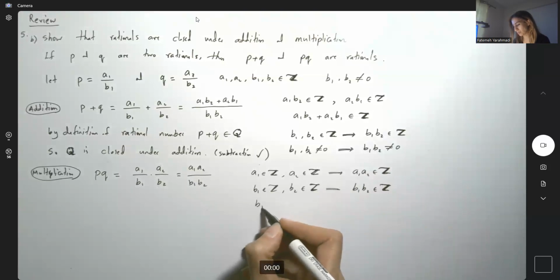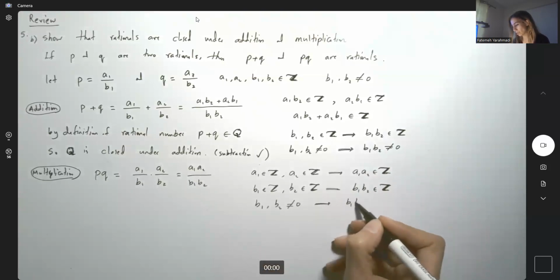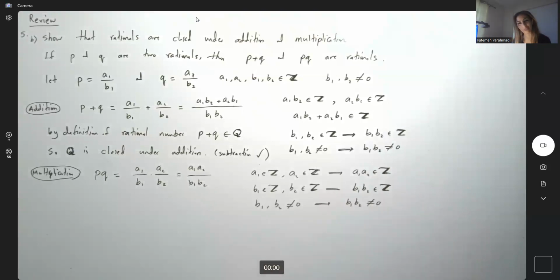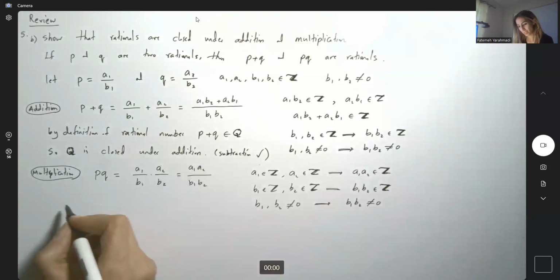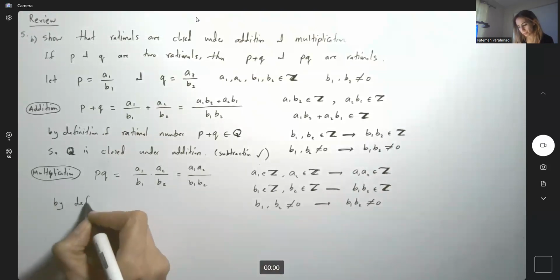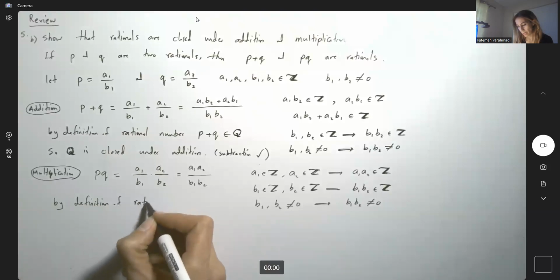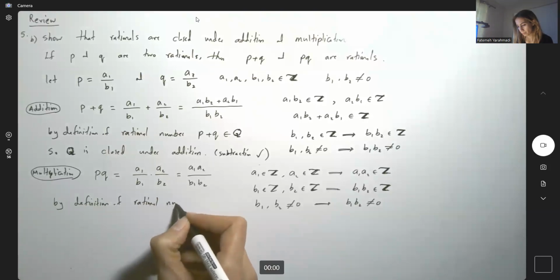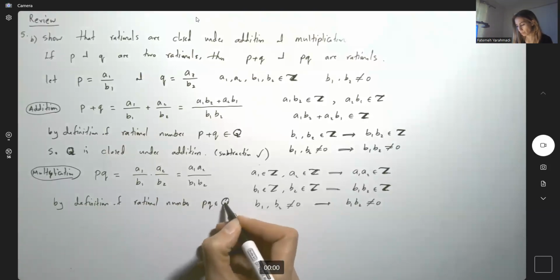And at the same time, we know B1 and B2, both of them are not zero. So B1 times B2 is not zero. It fits into the definition of a rational number. So by definition of a rational number, P times Q belongs to Q.